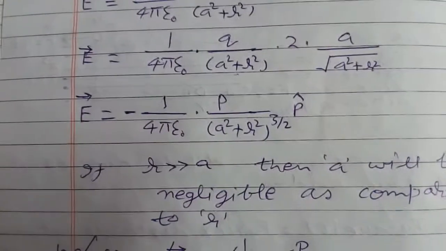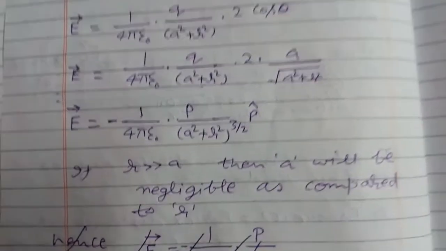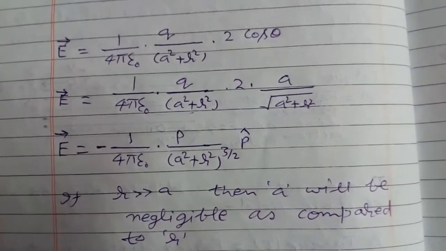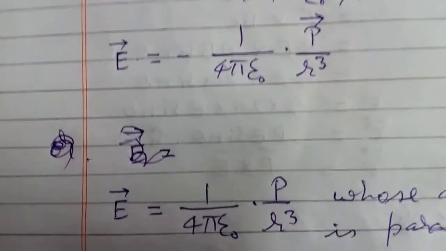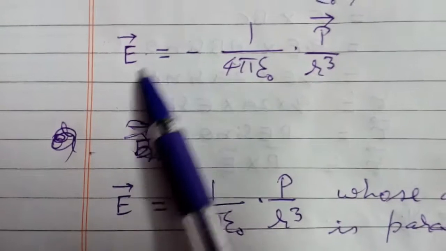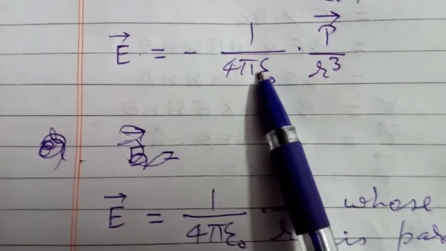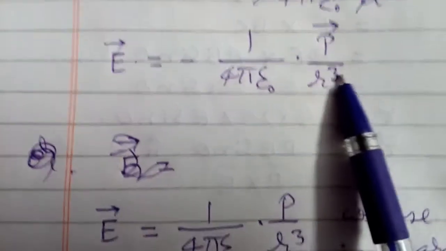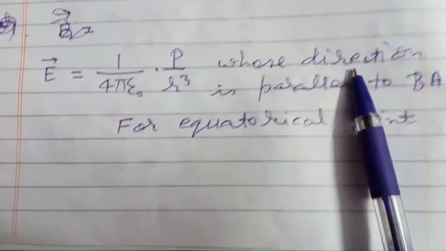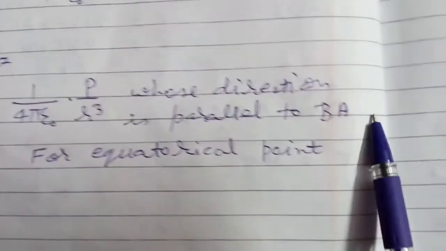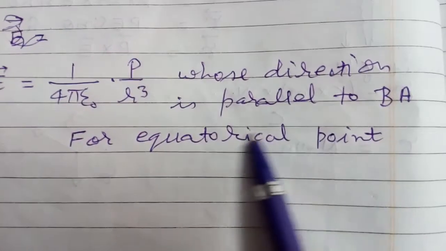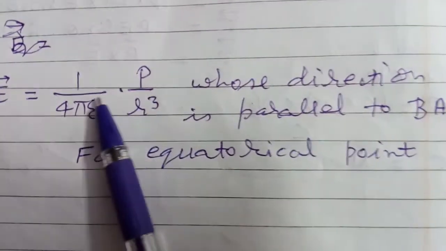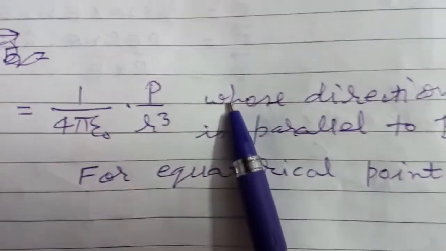Now again, if r is greater than a, then a will be negligible as compared to r. Therefore the expression becomes E is equal to minus 1 upon 4 pi epsilon naught into vector p upon r cube, whose direction is parallel to BA for an equatorial point.